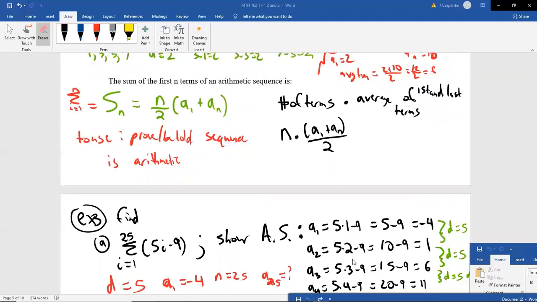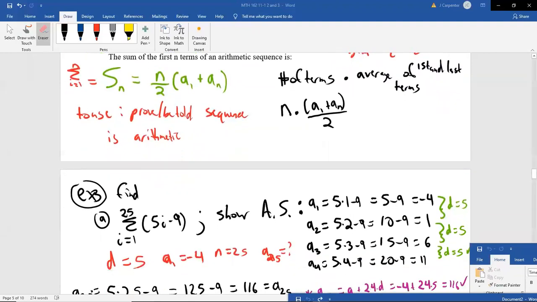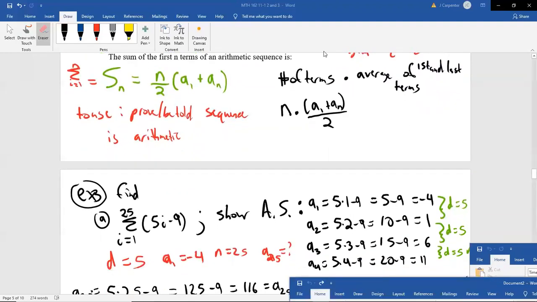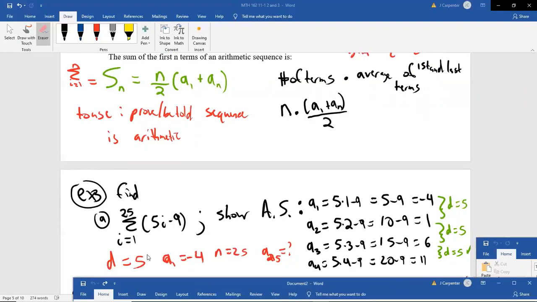I did show the work for a sub 4 in actuality. a sub 4 would be 20 minus 9, which is 11. And going from 6 to 11 is also a common difference of 5. So again, we established it by the third term, but we really established it by the fourth term. So we can see that the common difference going from first to second or to third or fourth or to fifth term is always going up 5 more.